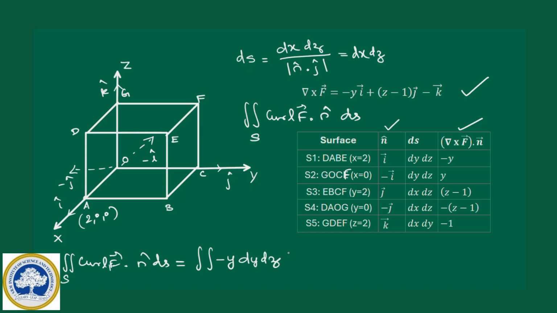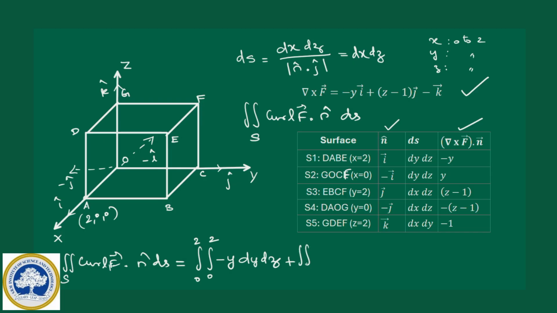Here ds is dy dz. For surface S1, what are the limits for y and z? Throughout, for all the surface integrals, we have to consider the limits as 0 to 2 for x as well as for y and z, because the dimension of the cube is 2, so we can straight away take the limits as 0 to 2. So here the direction is not needed while evaluating the surface integral, okay. So this is for surface S1.